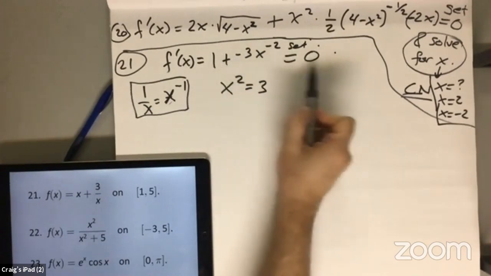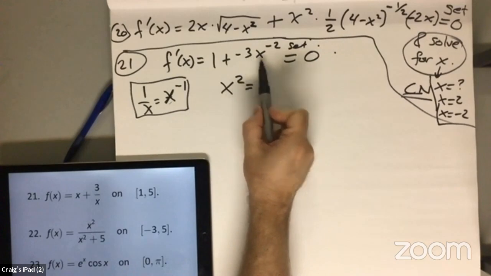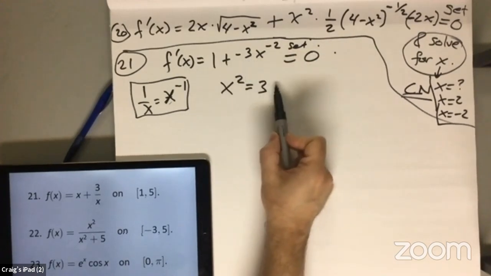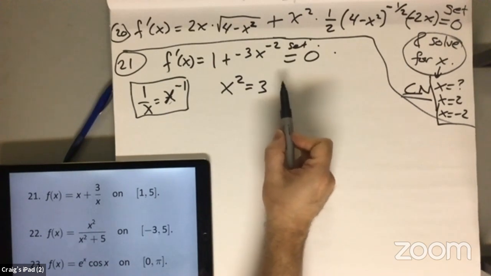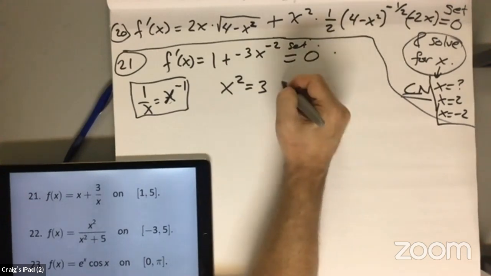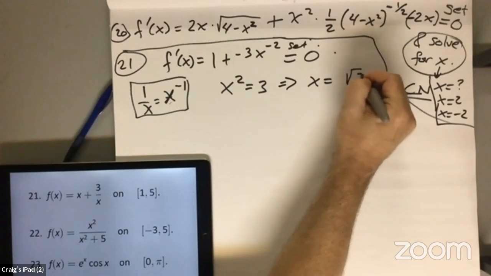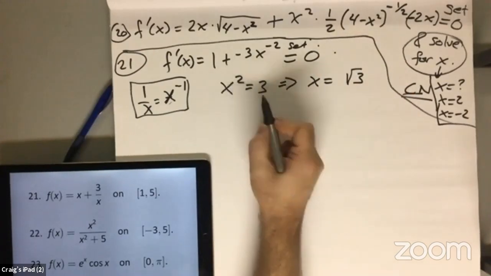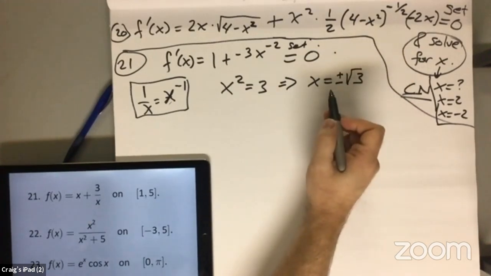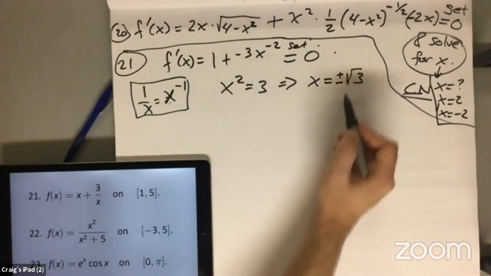First, I move the -3x to the -2 to the other side, which becomes +3x to the -2. Then I multiply both sides by x squared, and I get this result. So x equals square root of 3 or minus square root of 3. Okay, so those are my two values here. Now my interval is from 1 to 5, so I throw the negative one away.